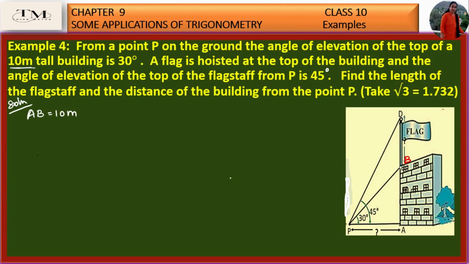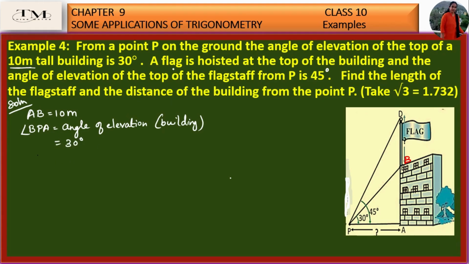This top of the building makes angle with the horizontal. So angle BPA will be 30 degree, angle BPA is equal to angle of elevation, and this angle of elevation is given as 30 degree.